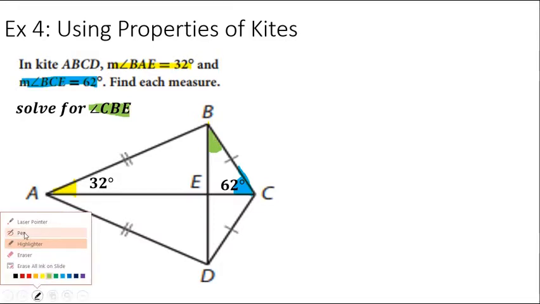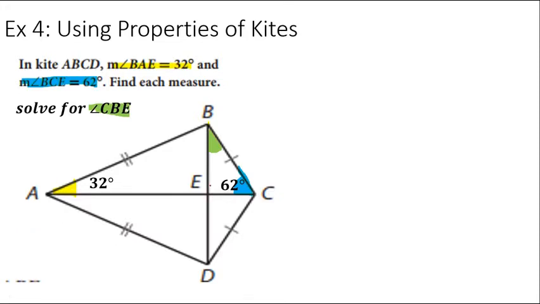So one thing about kites is, remember, in these corners, it makes 90-degree angles. So you want to put your 90-degree angle here, all four corners. All right, so now to solve for that angle, we just take CBE plus 90 plus 62, which should all add up to 180 degrees.